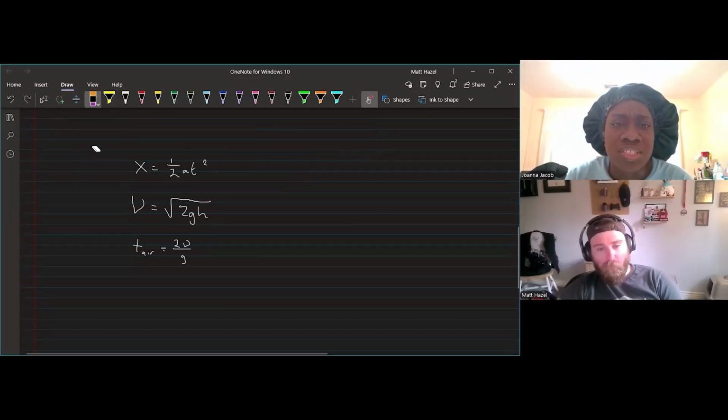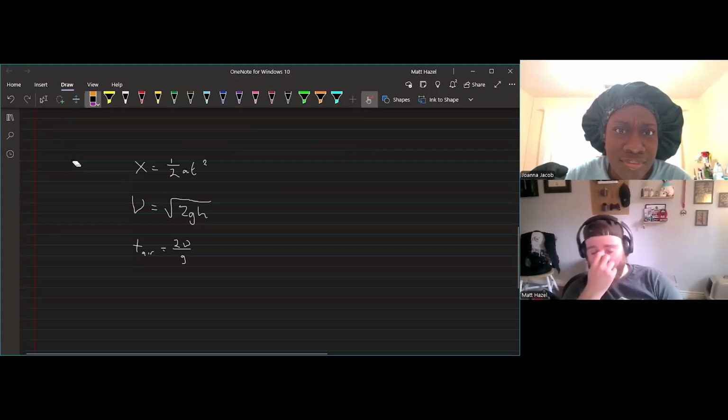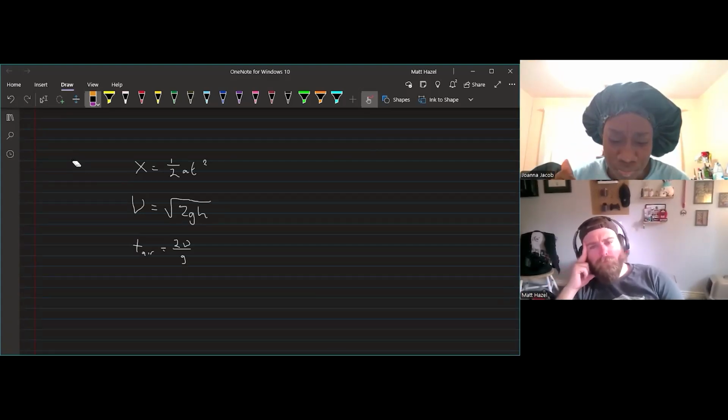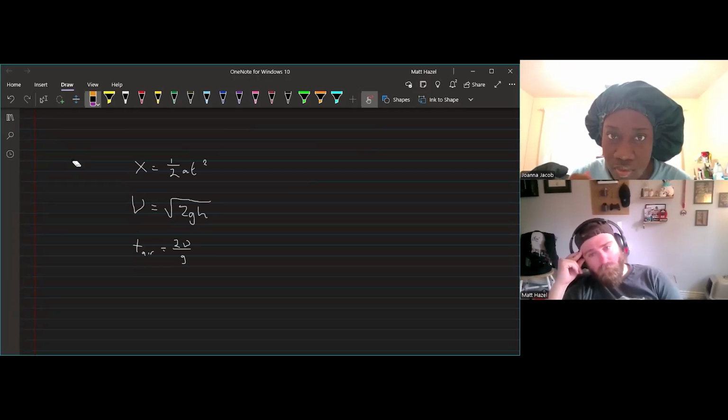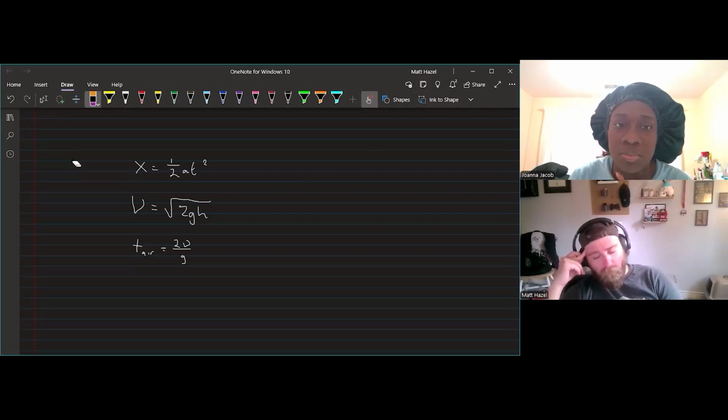What do we do with velocity? One of the kinematic equations that deals with distance and the half AT squared has initial velocity. What do we do when a question asks us for distance, but provides us with velocity?